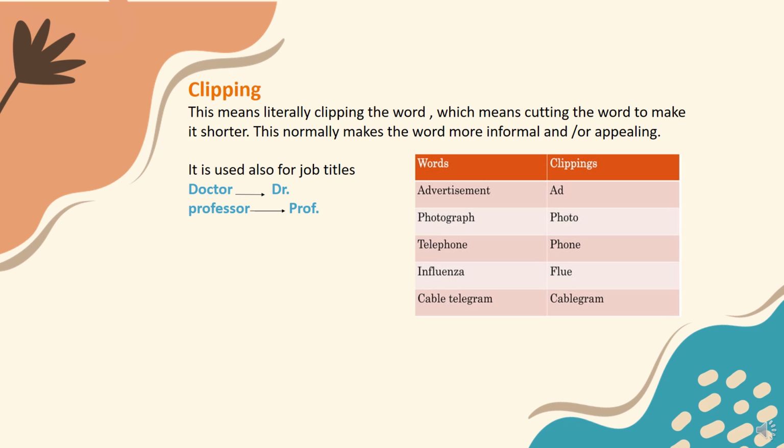Doctor, you say Dr. Professor, prof. We don't say the whole word. Advertisement, we write it ad. Photograph, photo. Telephone, phone. Influenza, flu. Telegram, wire. So you see, it's easier in writing and even in talking.